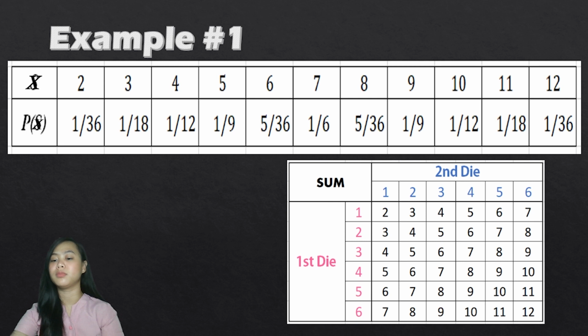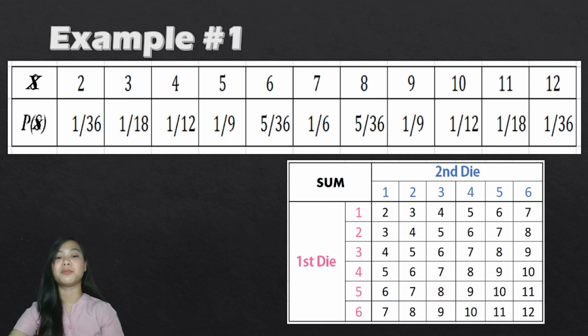We have 5 total occurrences, so 5 over 36. For 9, we have 4 over 36, which is also 1 over 9 in the lowest term. Then for 10, we have 3 over 36, which is 1 over 12. For 11, we have 2 over 36, which is 1 over 18. And lastly, for 12, we have 1, so 1 over 36.